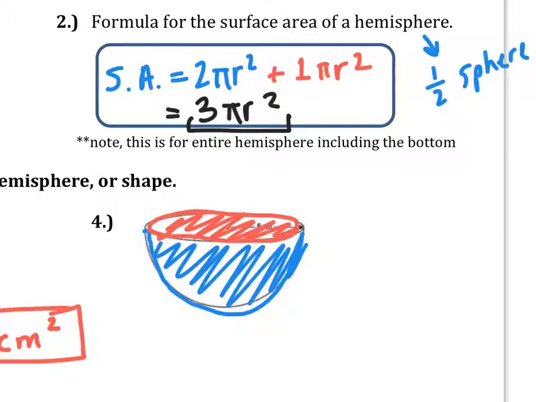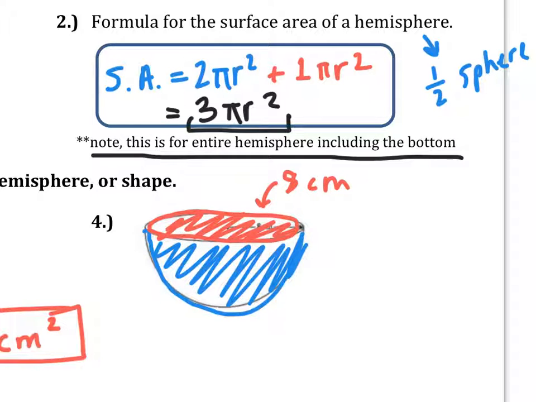And that's what this says down here. This is for the entire hemisphere, including the bottom. Now, let's figure out what the surface area of number 4 is. So I kind of covered it up, but the radius here says it's 8 centimeters, I believe. We'll go with centimeters, although that's not hugely important.